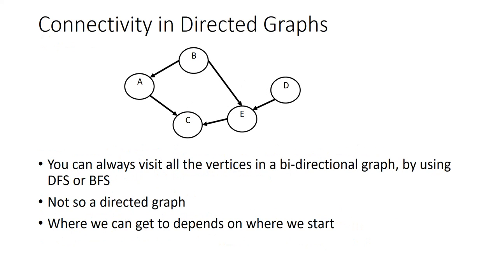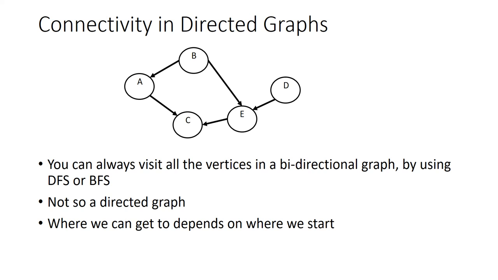I'll just mention connectivity in directed graphs. Here's a little directed graph. And in a bidirectional graph like we've been using, you can always start anywhere you want and get to everything by using either a depth first search or a breadth first search. And when we did our example, we started at sort of an obvious place of a node A. You recall that in an earlier lecture.